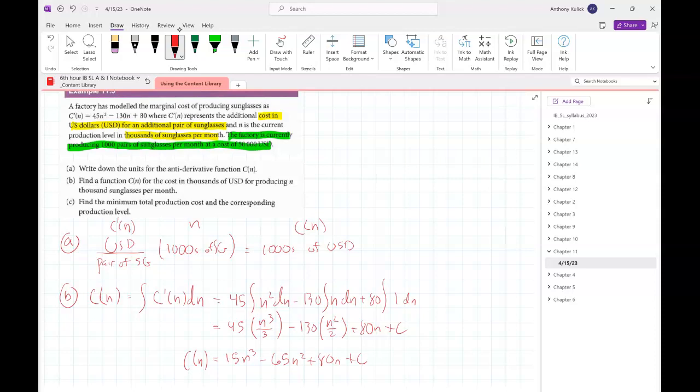The factory is currently producing 1,000 pairs of sunglasses per month at a cost of $50,000 US. Tells me C of 1 should equal 50. Remember that n is measured in thousands of pairs of sunglasses, and we said C of n was going to be in thousands of dollars.